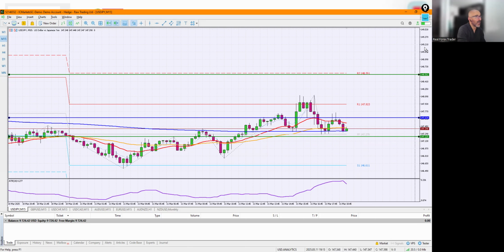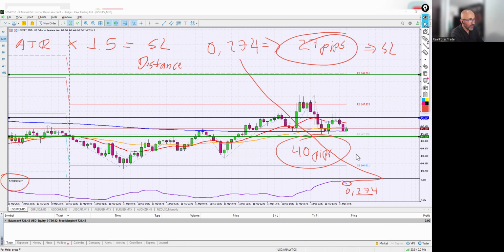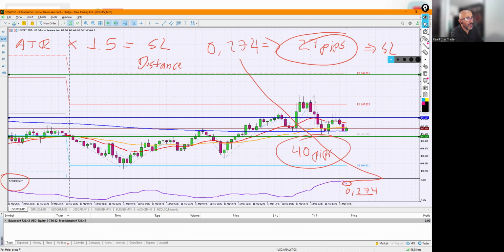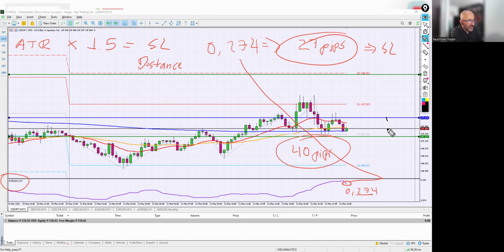So now I have here my calculated 40 pips. So this is my stop loss. My stop loss is 40 pips now. And it is according to the market. It's not a speculation or that I just happen to place it there. No, I use a strategy. The strategy is what?